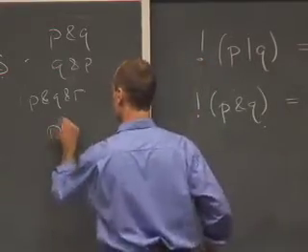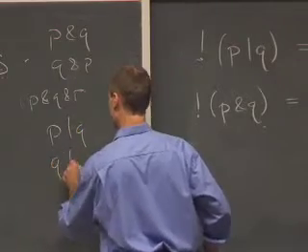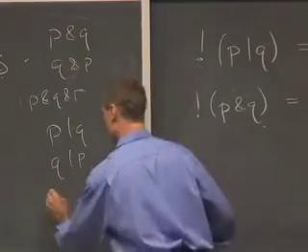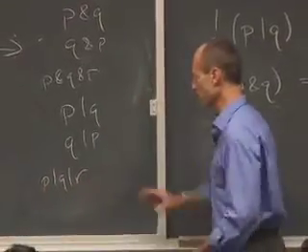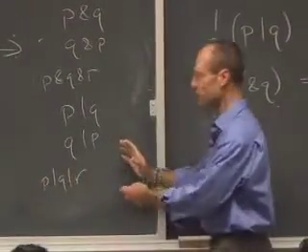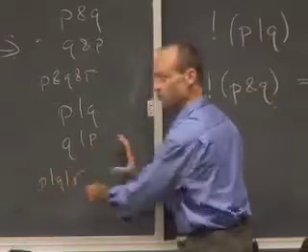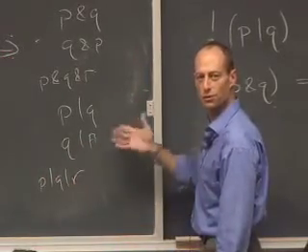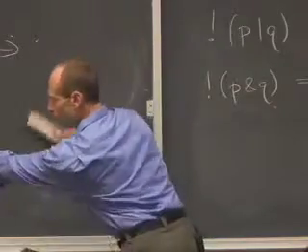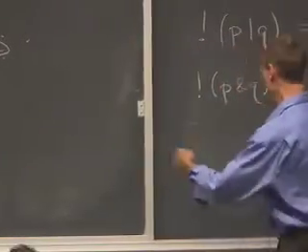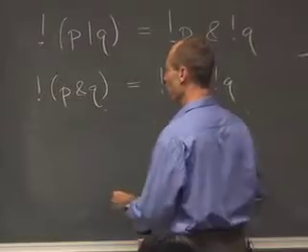Similarly, P or Q has the same truth table as Q or P, and P or Q or R is going to have the same truth value no matter how you group the terms. Okay, so these are sort of associative and commutative, but what about here? We need to evaluate something a little bit more complicated. We have a combination of and or.